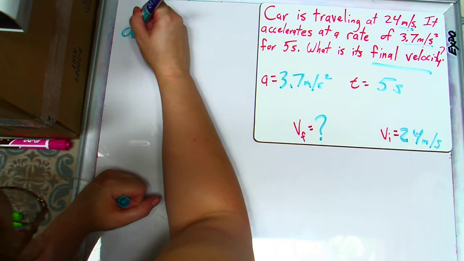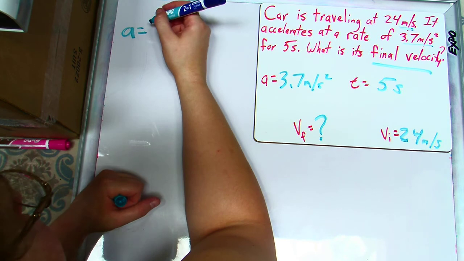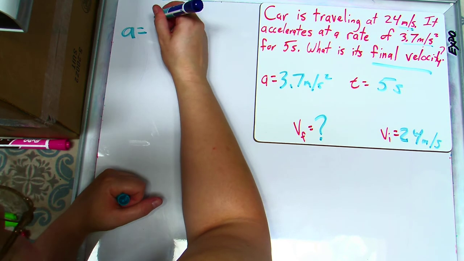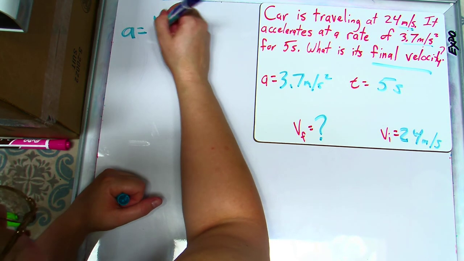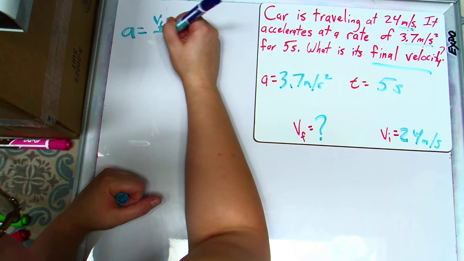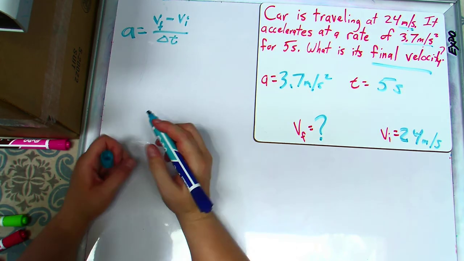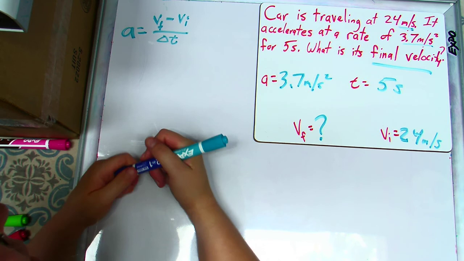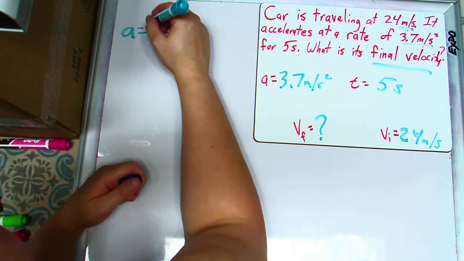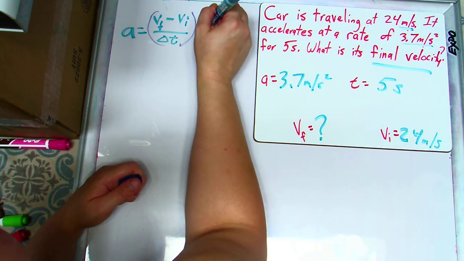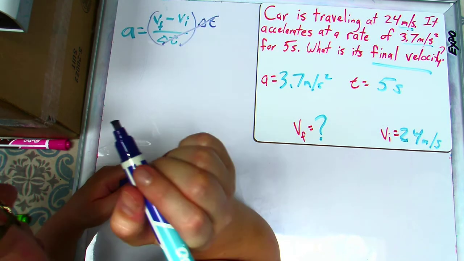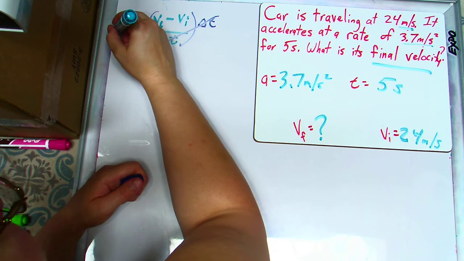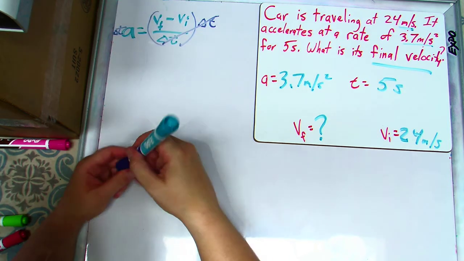So A equals final minus initial velocities over our time. I want to get final velocity by itself. And the first thing I'm going to do, get rid of my time at the bottom of the fraction, and multiply both sides by it.